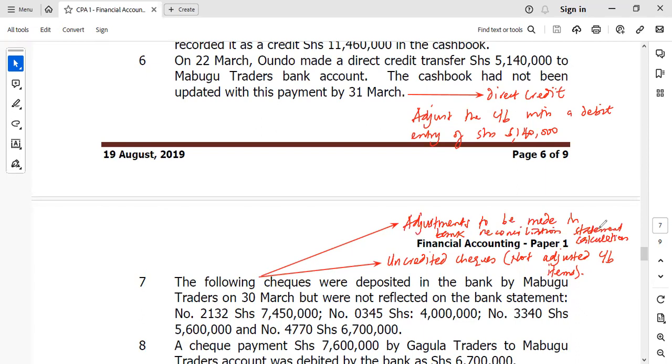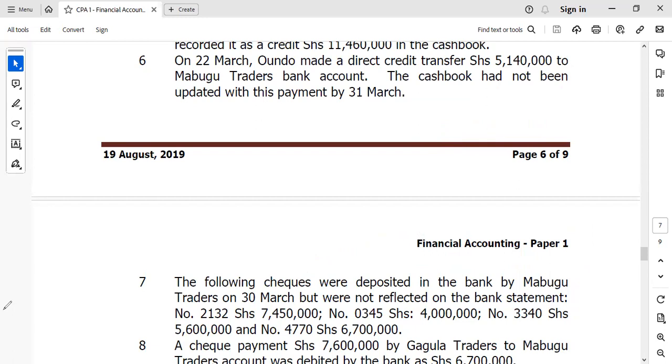Those are uncredited checks. They're already in the cash book, but they were not reflected on the bank statement. So we shall have to show these as reconciling items when coming up with our bank reconciliation statement.